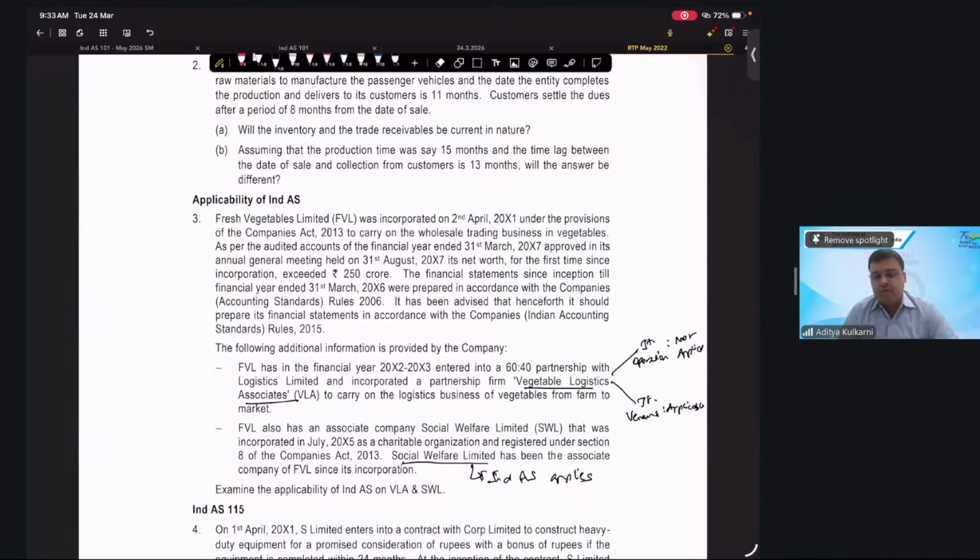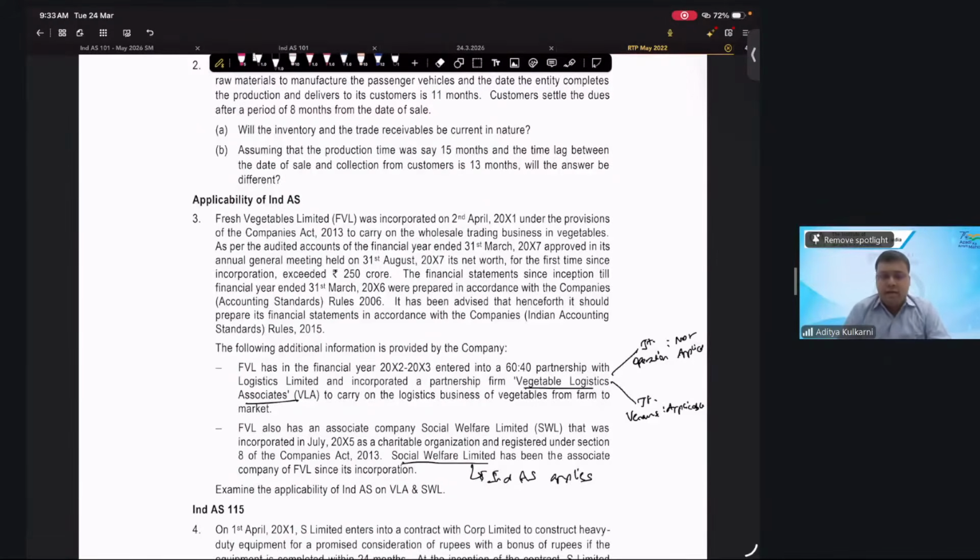So in accounting terms, the members of the joint operation, that is the joint operators, are entitled to their share in the assets and liabilities of the joint operation. Is it okay? You understand the language, right?